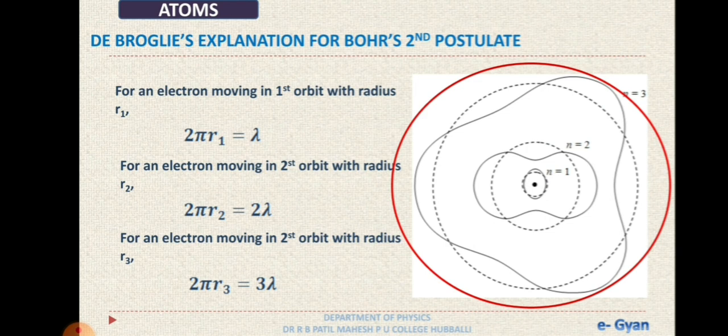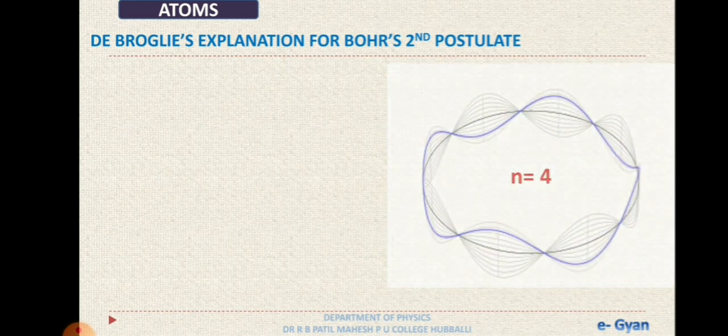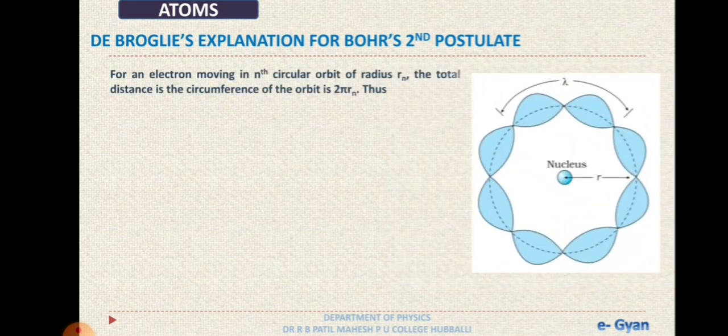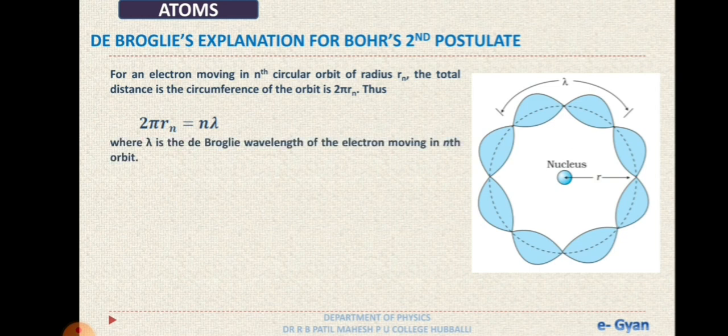We can generalize this to the nth orbit as 2 pi rn is equal to n lambda. Therefore, for an electron in the nth circular orbit of radius rn, the circumference of the orbit is 2 pi rn. Thus, 2 pi rn is equal to n times lambda, where lambda is the de Broglie wavelength of an electron moving in the nth orbit.